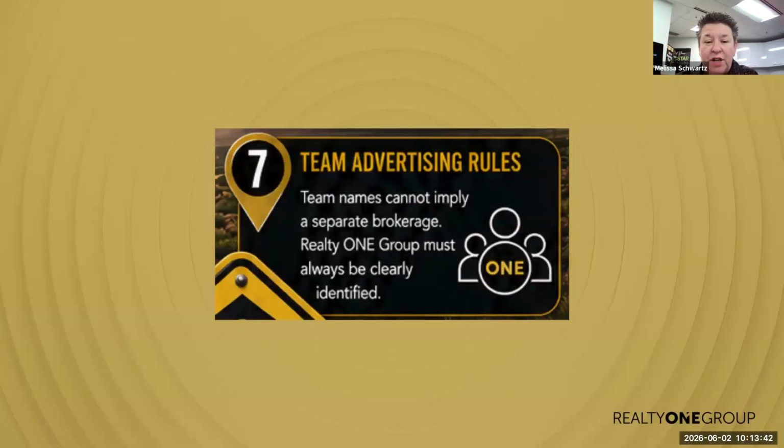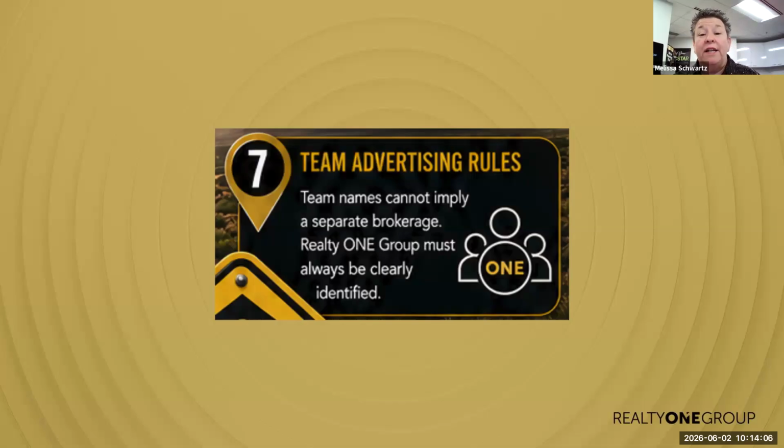So team advertising rules, okay? This is probably the number one issue I have in terms of making sure the visibility of Realty One Group is clearly and prominently displayed. It's a little bit different when, and I'll step away from the team, but to the signage, right?